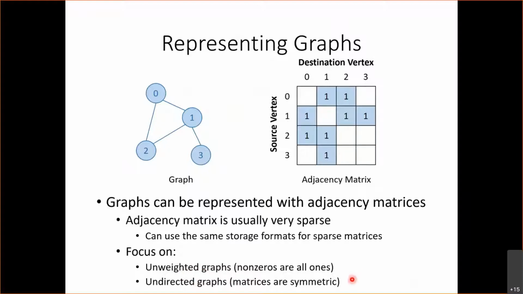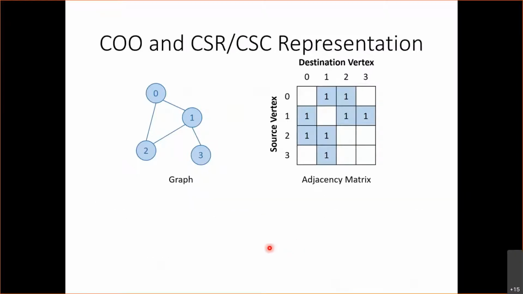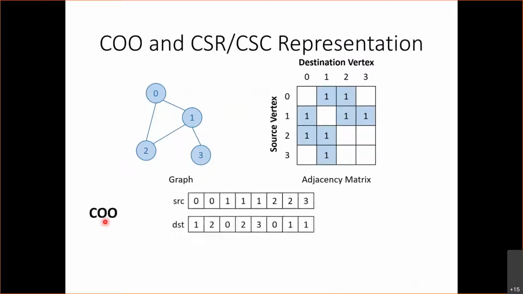Now we said that the adjacency matrix can usually be represented using the storage formats that we talked about so far. So let's see how we can do that. For example, we could use COO to represent the graph. Remember, with COO in a sparse matrix, we had the row index, the column index, and the value.